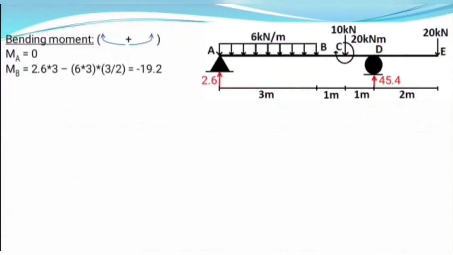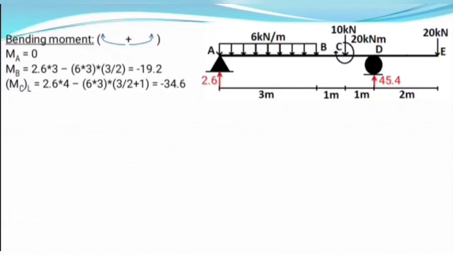Now we are going to move to our next point, which is point C, at just left of C, because there is a point moment at point C. Just as in the previous case, considering all the forces on the left of point C, the bending moment at point C equals 2.6 times 4, positive, which is clockwise direction, and the bending moment due to the UDL equals total force into distance.